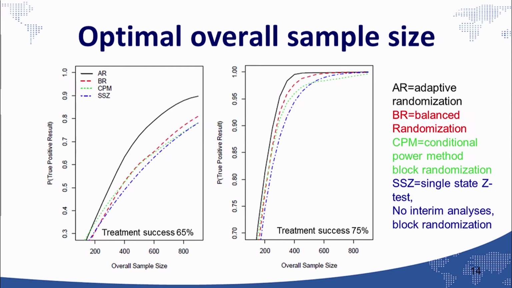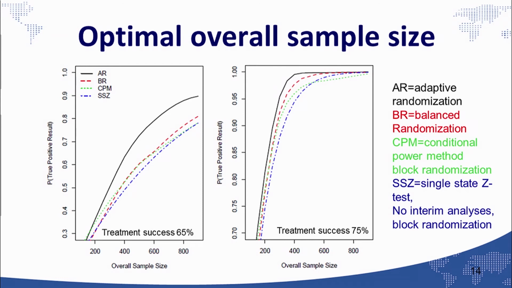On this graph, you can see the probability of having a true positive result, which is the power, depending on the overall sample size, with the treatment success being either 65% or 75%. The solid line is for the adaptive randomization, and all the dashed lines are for other methods, balanced randomization with or without interim analysis.